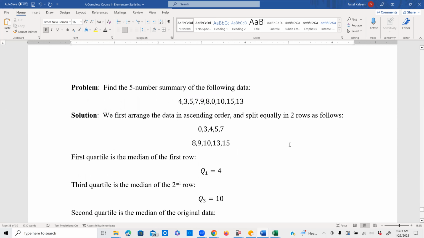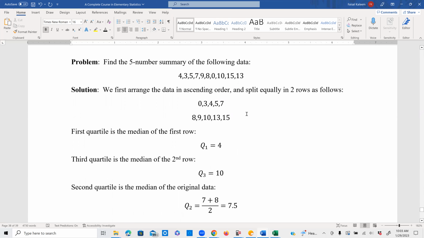Calculate the 5-number summary here. We need the quartiles, and to get the quartiles by hand, we split the data into 2 rows as follows, and we also arrange it in ascending order. The first quartile is the median of the first half, which is 4. The third quartile is the median of the second row, which is 10.